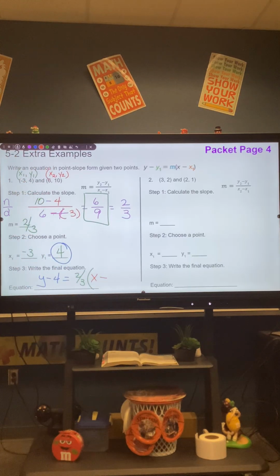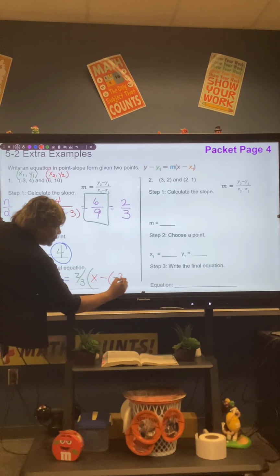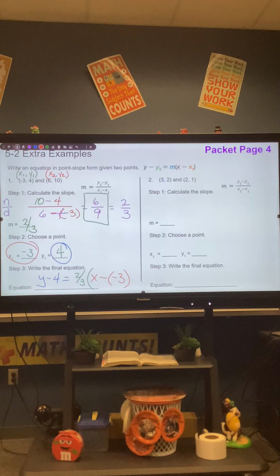X minus, what was x1? -3, it's right here. All I did was substitute the values. Haven't done anything crazy? Everybody with me thus far?